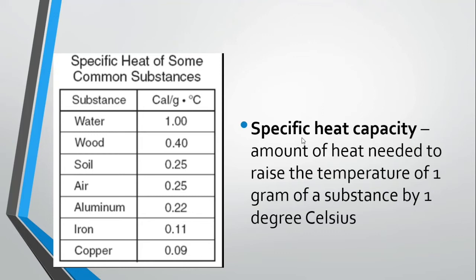Because, as I have mentioned, water has a higher specific heat capacity. It will heat up at a slower rate. It will also release its energy at a slower rate. Unlike land, it heats up at a faster rate, but it also releases energy quickly.